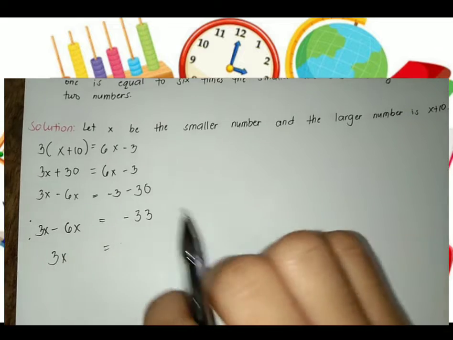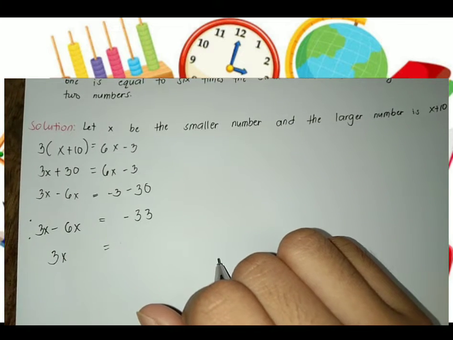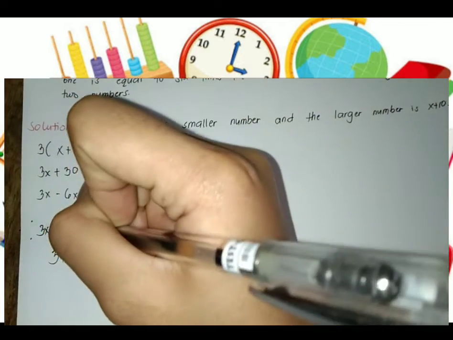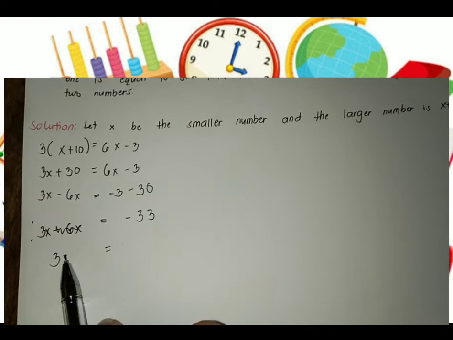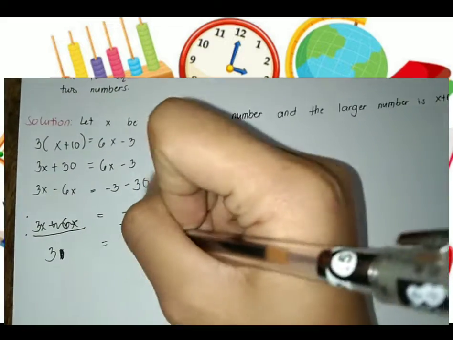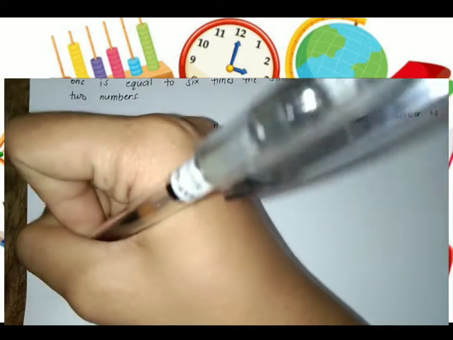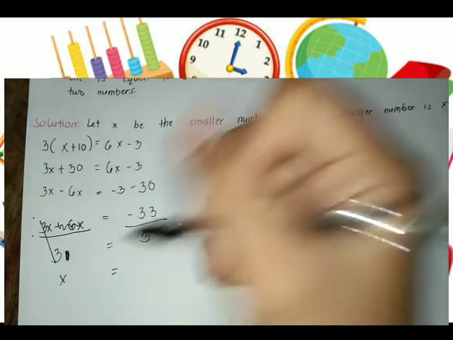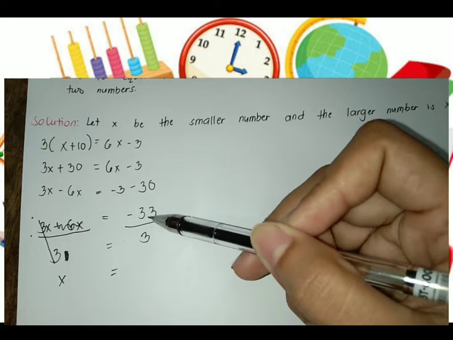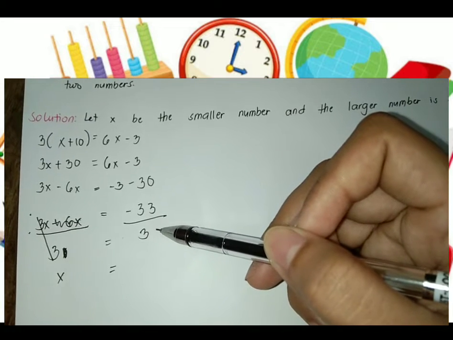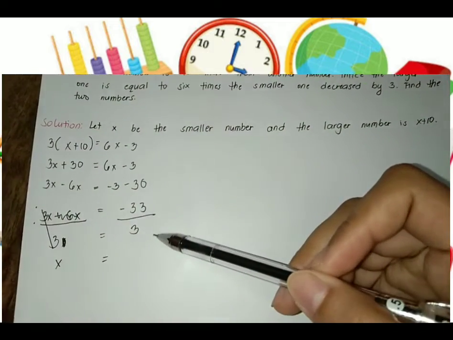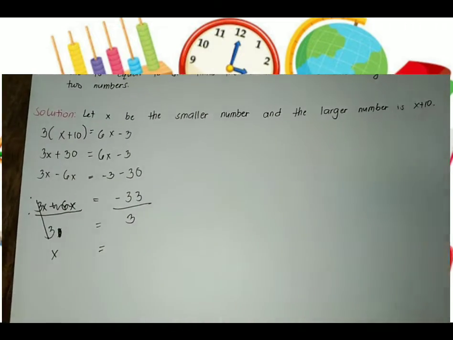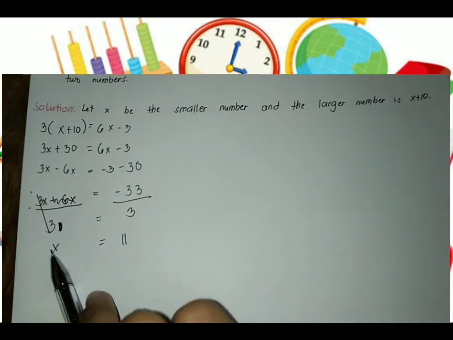We cancel the 3, then what is left is x. Now negative 33 divided by negative 3 is equal to 11. So our x is 11.